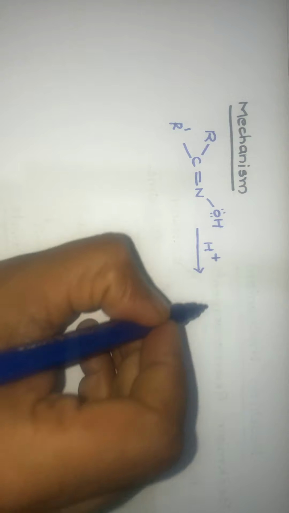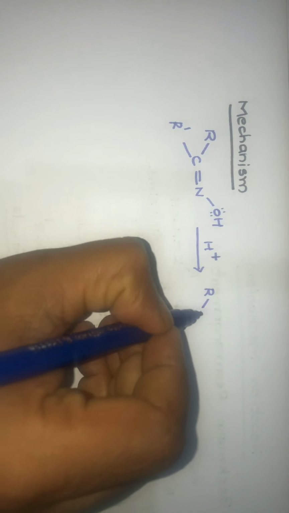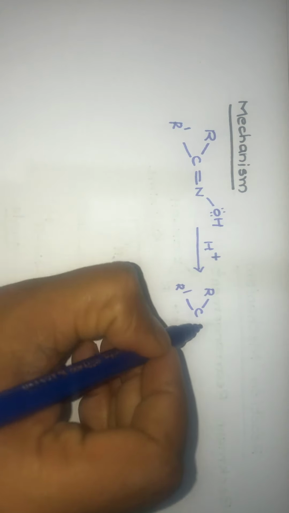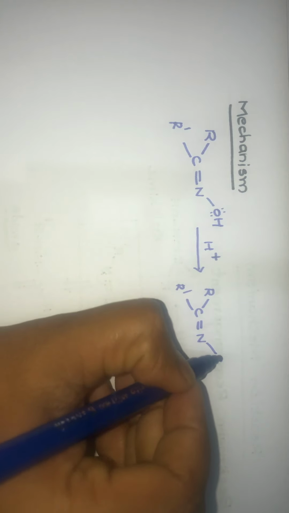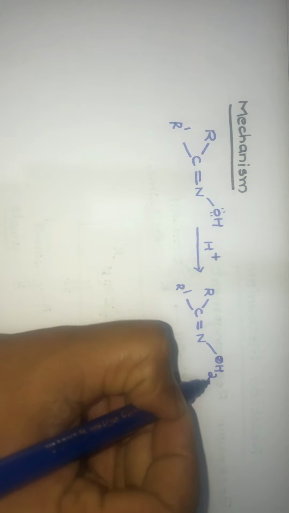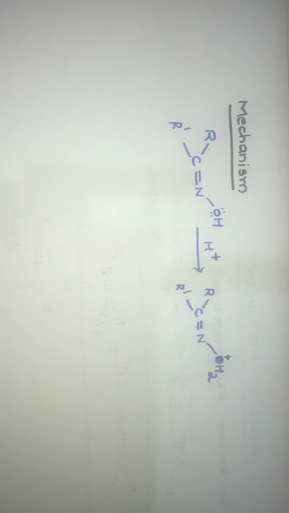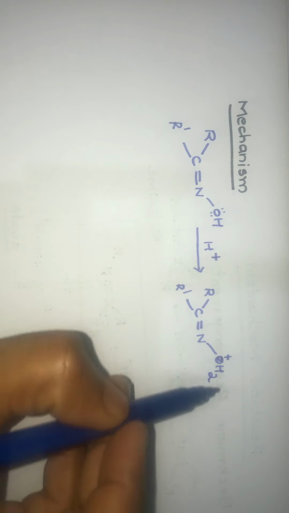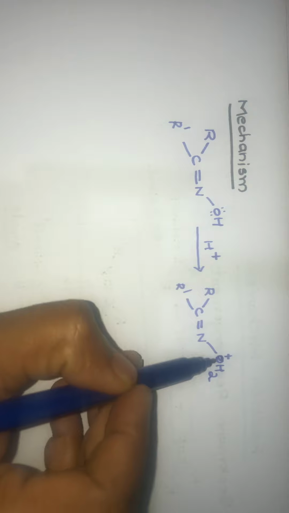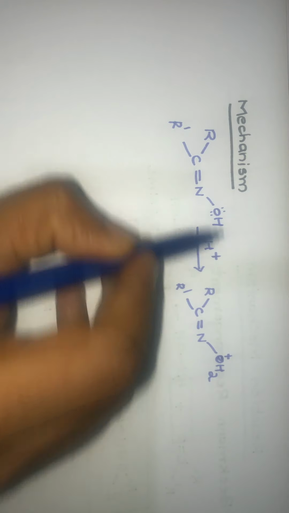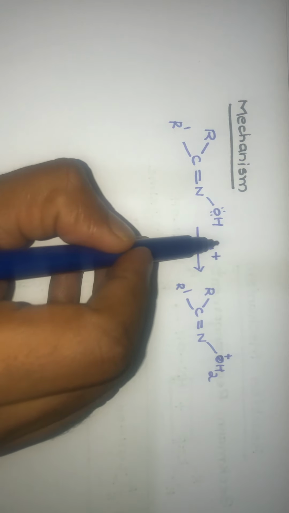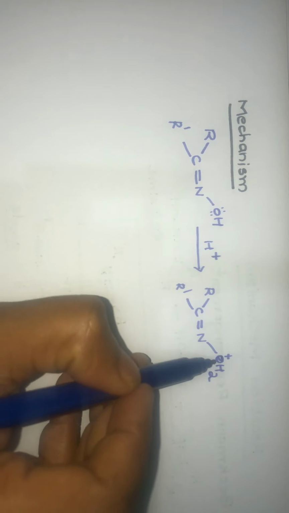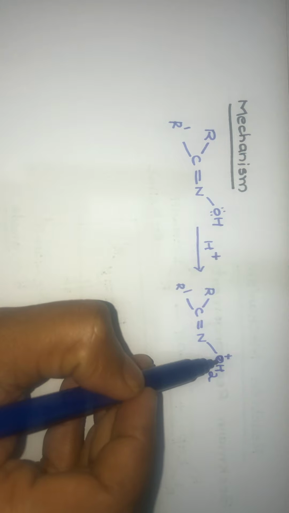Protonation of this oxygen takes place, resulting in the formation of this compound, OH2 plus. Since protonation takes place, oxygen donates its electron to the H plus ion, hence oxygen carries a plus charge.